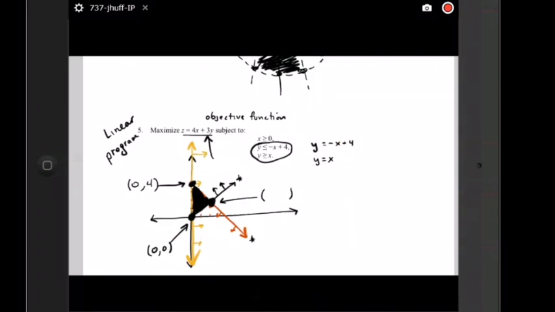I know this one seems obvious. It's going to turn out to be 2, 2, just because of the graph, but if this were a different problem, this is how you would find it. You would have to solve a system of equations, find that intersection point. So if y equals x, then I could substitute a y right there for this x. So I could have y equals negative y plus 4.